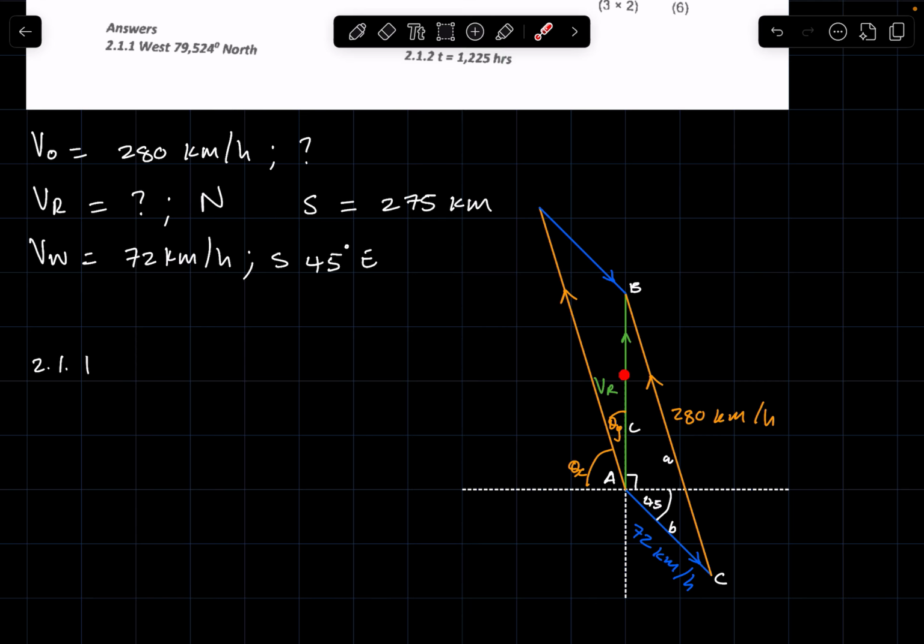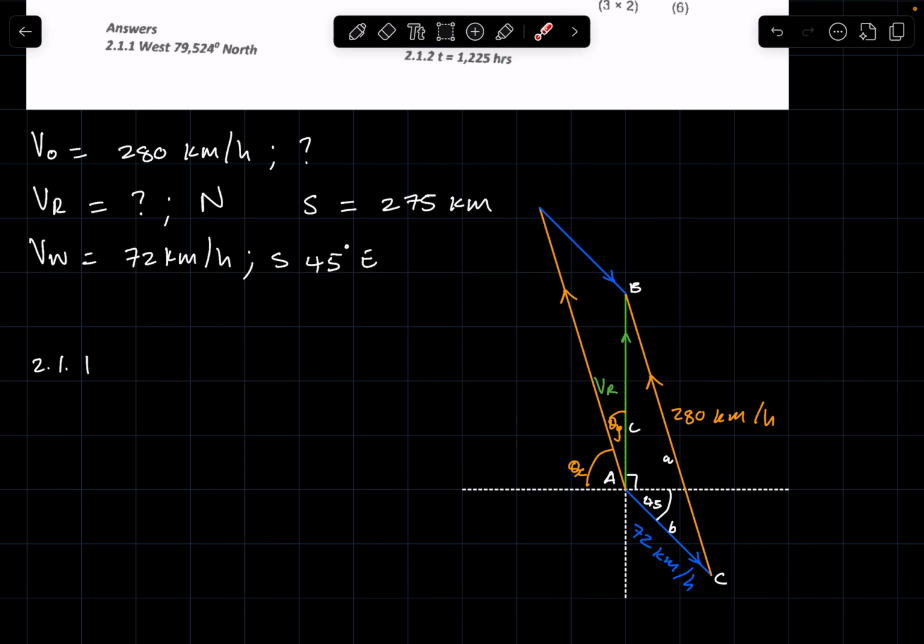This angle here alternates with this one. If you look closely, you have somewhat of a Z pattern here, and because on that Z pattern this line is parallel with this one, the angles formed by the Z pattern are alternating angles, meaning that they are equal.